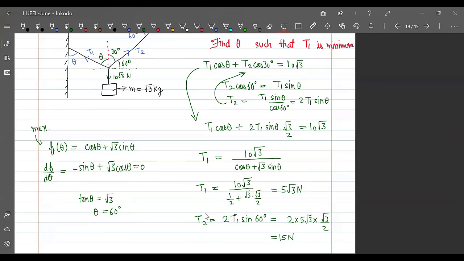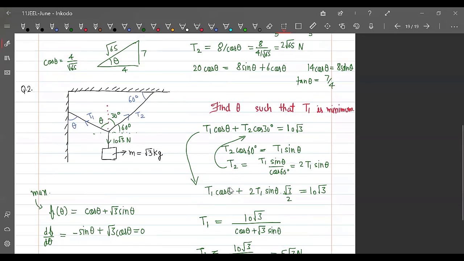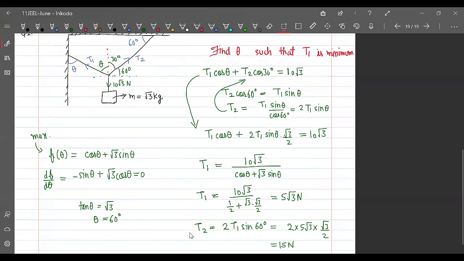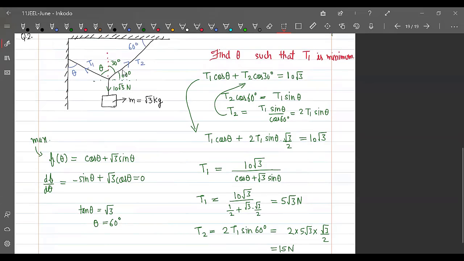स्टार्टिंग में T2 का वैल्यू कैसे आया? ये वाला इक्वेशन या ये फाइनल वाला? स्टार्ट. ये वाला. So see, left वाला force will be equal to right वाला force.